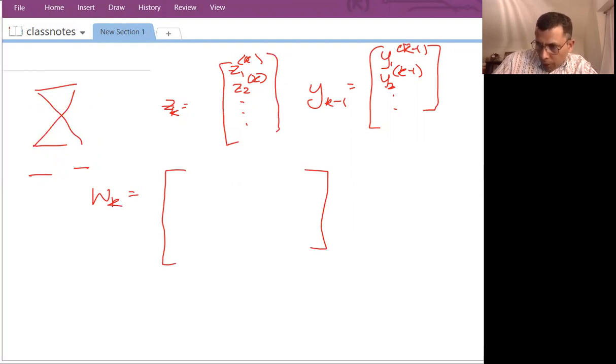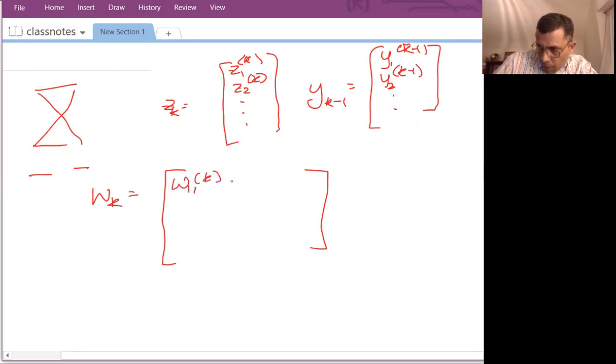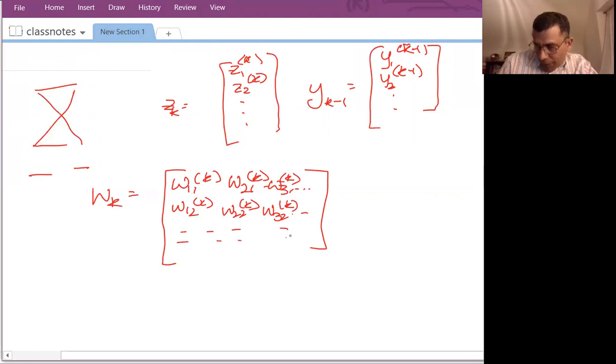It's w11k, w21k, w31k, and so on. The second column is w12k, w22k, w32k, and so on. And I can continue to fill in the weights matrix.